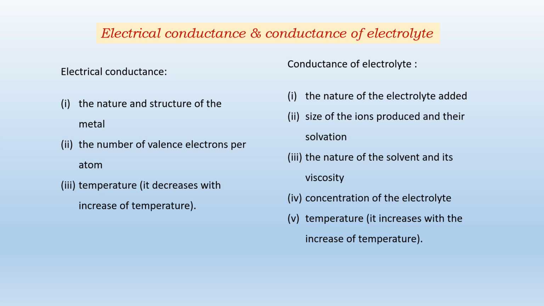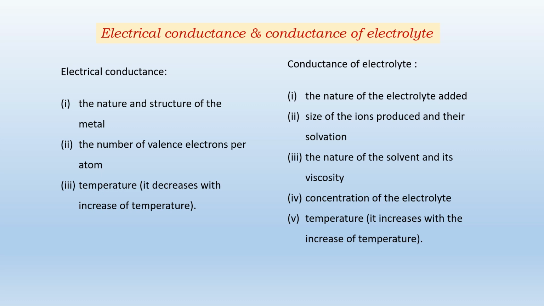Conductance of electrolyte. The first property is the nature of the electrolyte added. What is the nature of the electrolyte? Take an example of NaCl added to water. It will split as Na plus and Cl minus. The cation has one nature, the anion has another nature. The second property is the size of the ion produced and the solvation. Take an example of alkali metals.